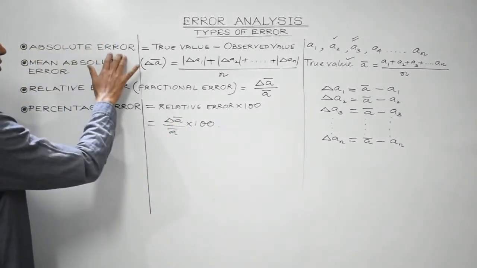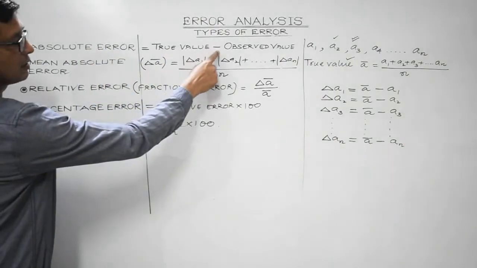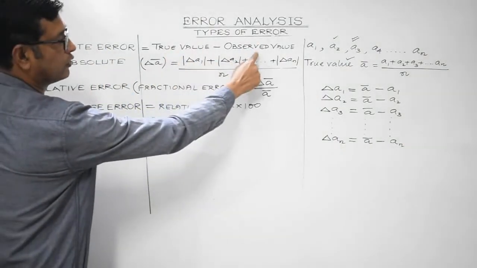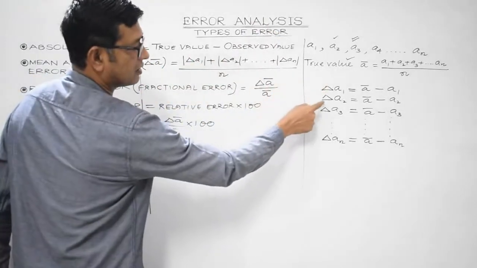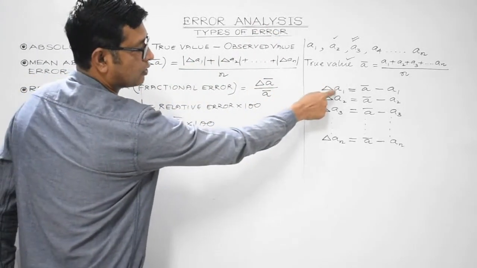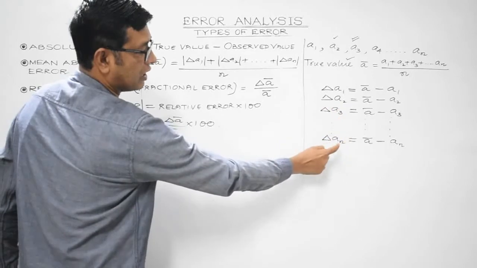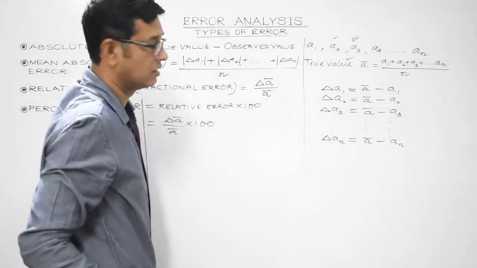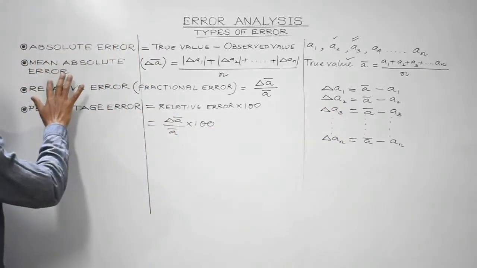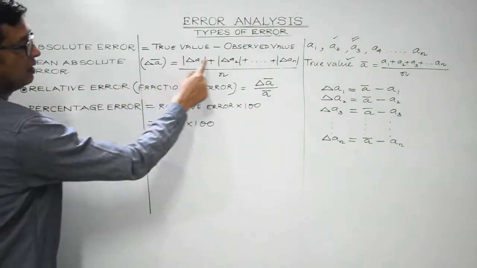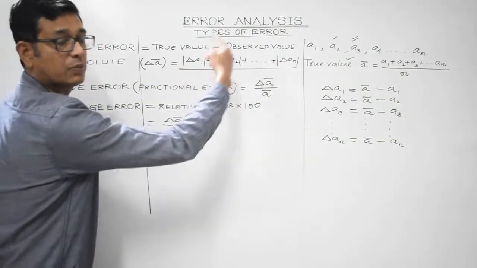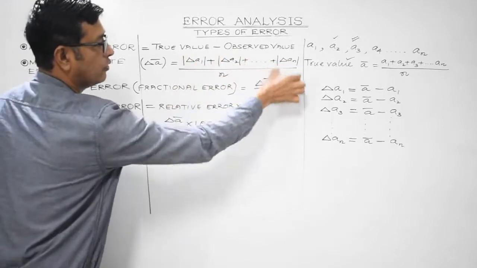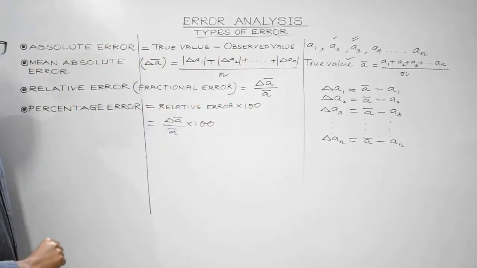So absolute error is defined as the difference between the true value and the observed value. It is represented like this. These are the absolute errors for the first observation, second observation, third observation and the nth observation respectively. Mean absolute error, as the term suggests, is the mean or the arithmetic mean of the mod of the absolute errors.